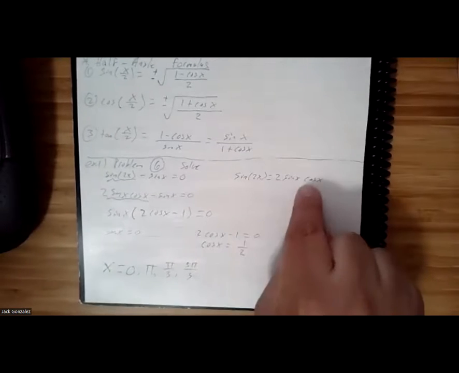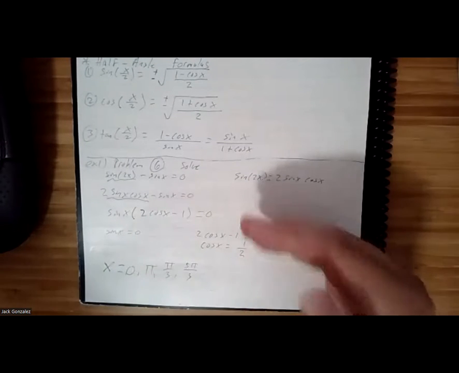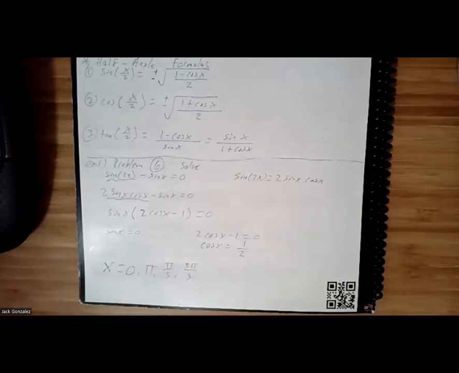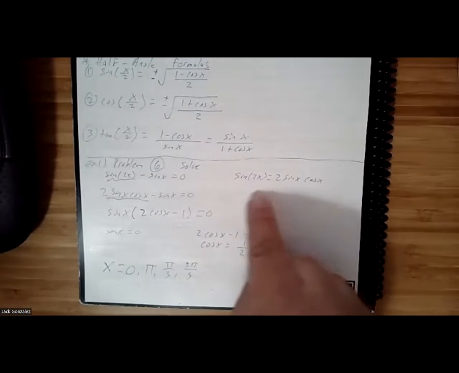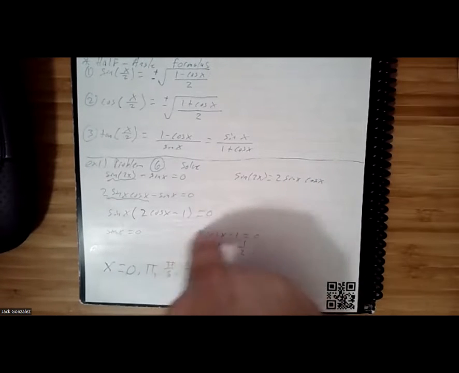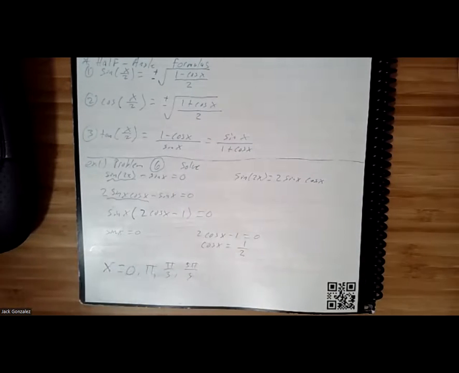You see how we use a double angle to help us? And then this becomes just like the previous section, 7.3. This is the only new thing. After that, it turns into 7.3 from Monday.